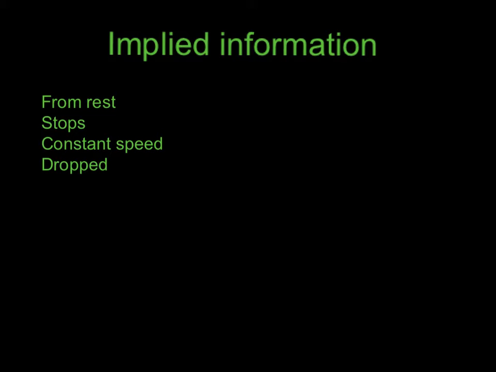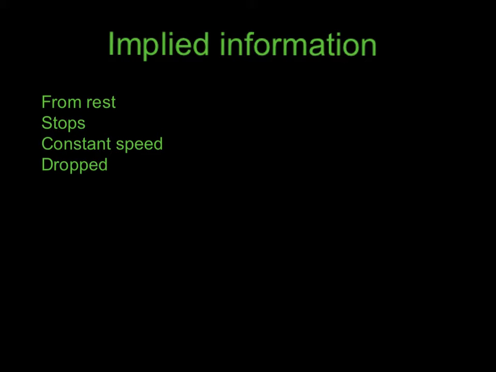Okay, this is a partial list of implied information for your kinematics equations. In the problems, they're word problems, I'm sorry, so you have to be able to pull the information out of the word problems. Some information is kind of implied.